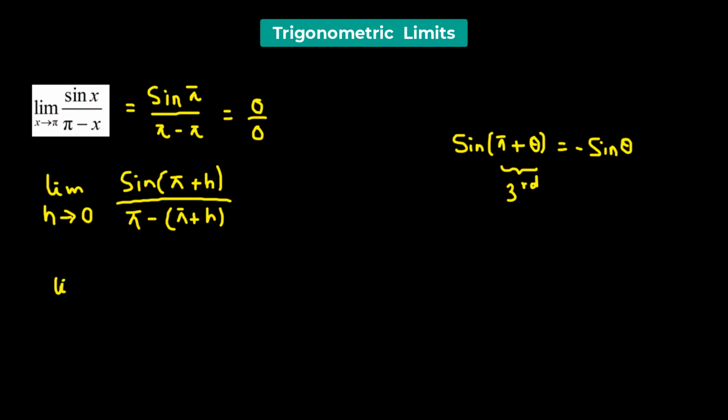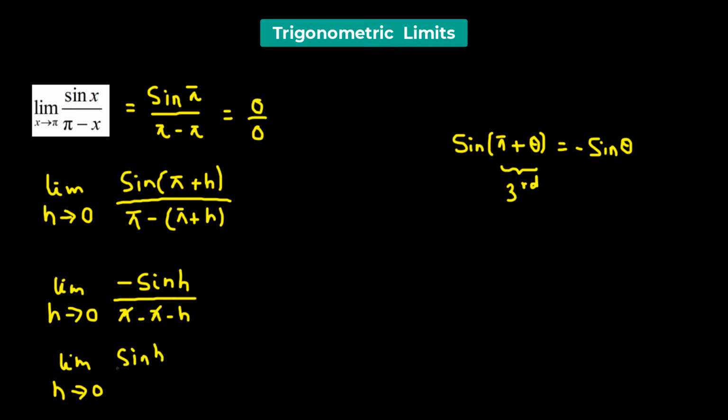So that means our function will now become limit h approaches 0, negative of sine h divided by pi minus pi minus h. So the pi and pi get cancelled. We'll have negative sine h over negative h. So the negative will get cancelled, leaving us with sine of h over h.